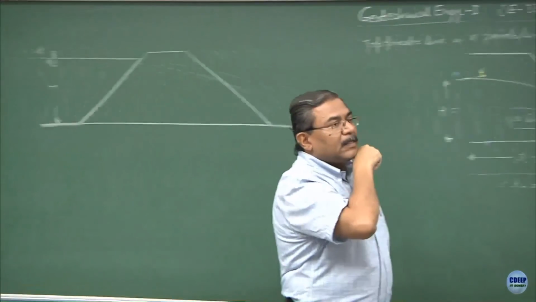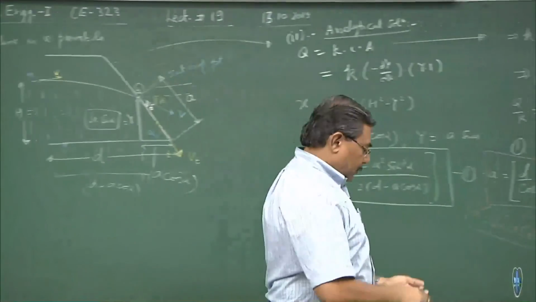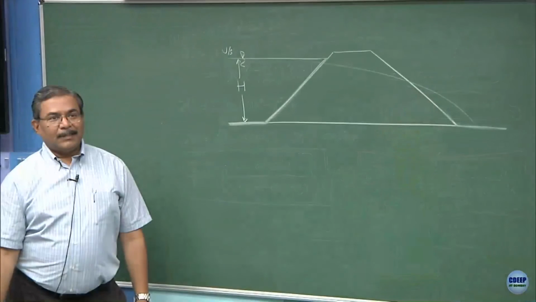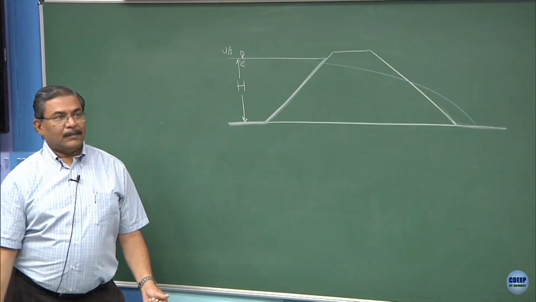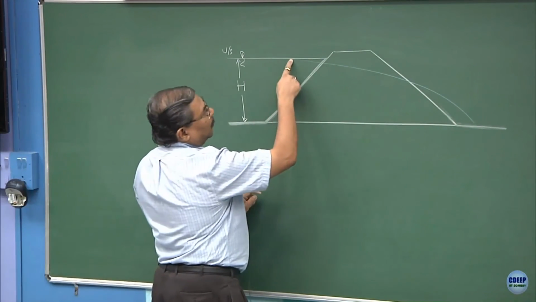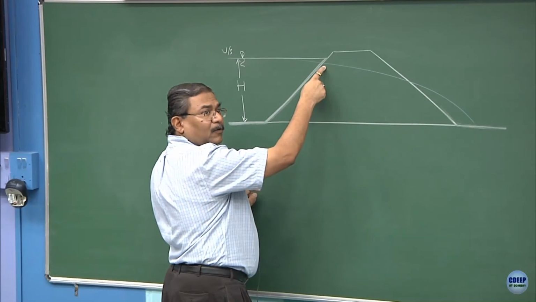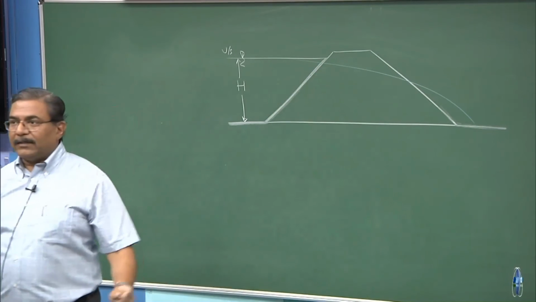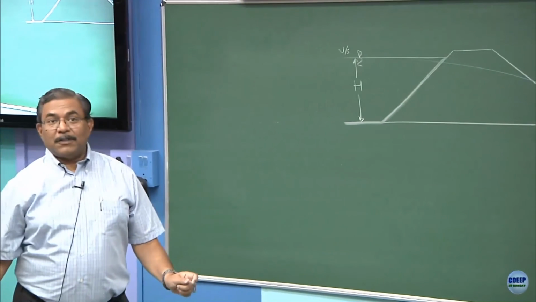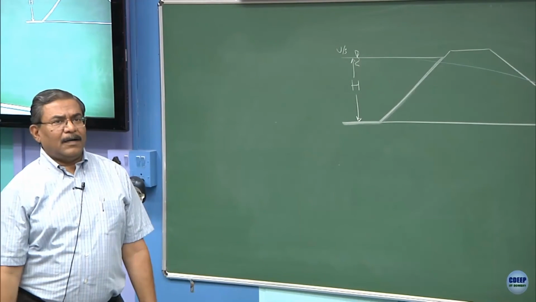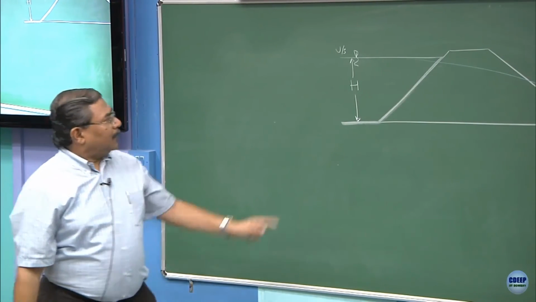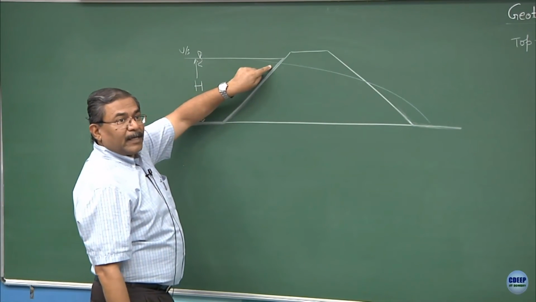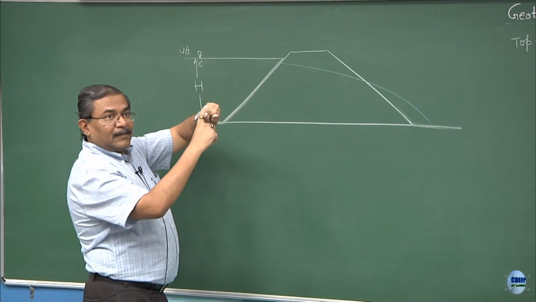Now, tell me, what are the geometrical irregularities I have induced in the process? Let us start counting. Is this possible? Very good. Why not possible? You are right, answer is correct. It is not possible. Why is it not possible? Look at the flow line and the equipotential line, they are not perpendicular to each other.